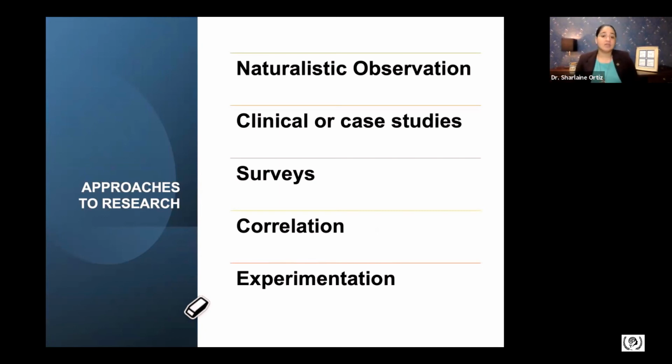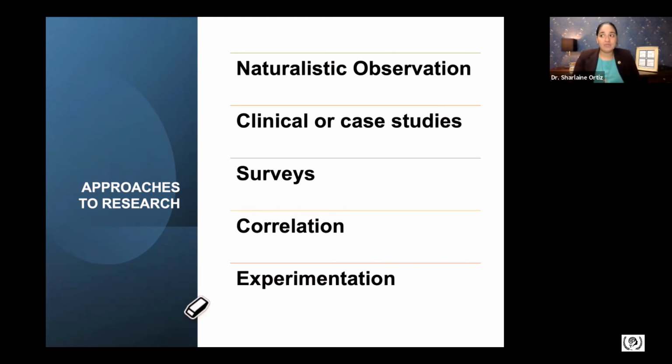Because, like I said, there are different methods that we can use that are going to help us understand each phenomenon. So if I'm interested in learning about something in its natural environment, we are going to go to a naturalistic observation. We're also going to discuss clinical or case studies, which generally are the ones that you will see in the media, on YouTube, like, oh, check out this serial killer.